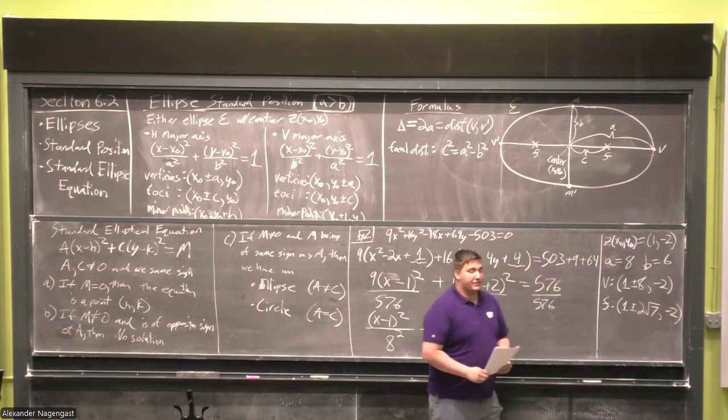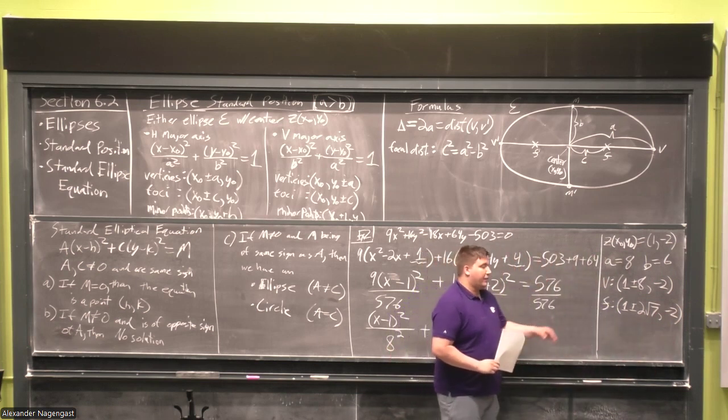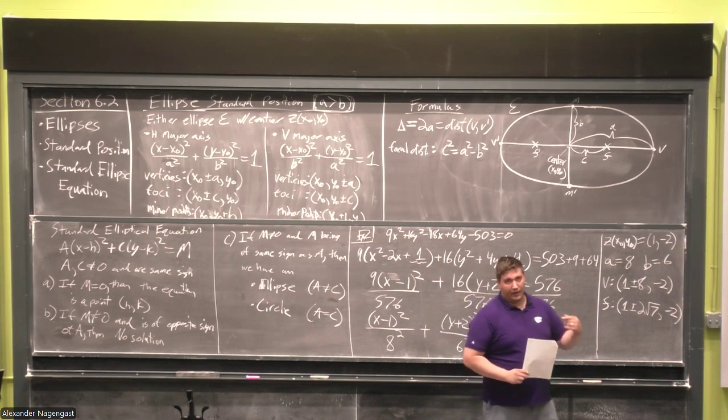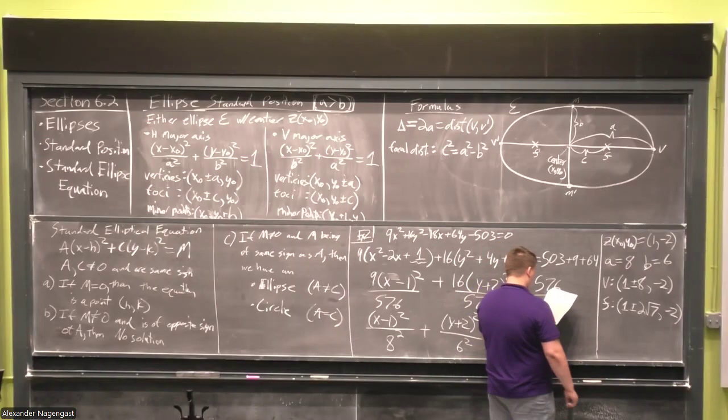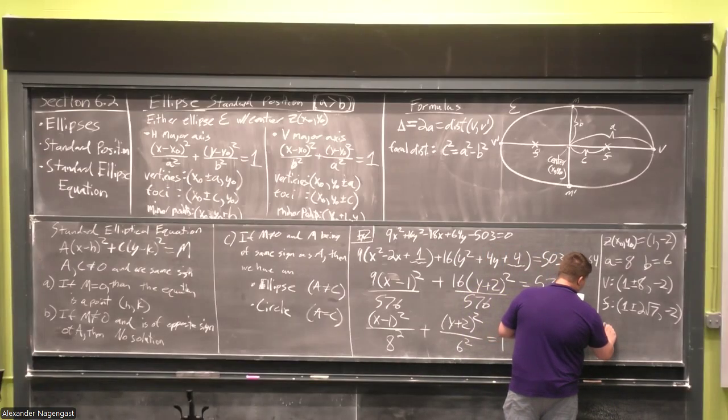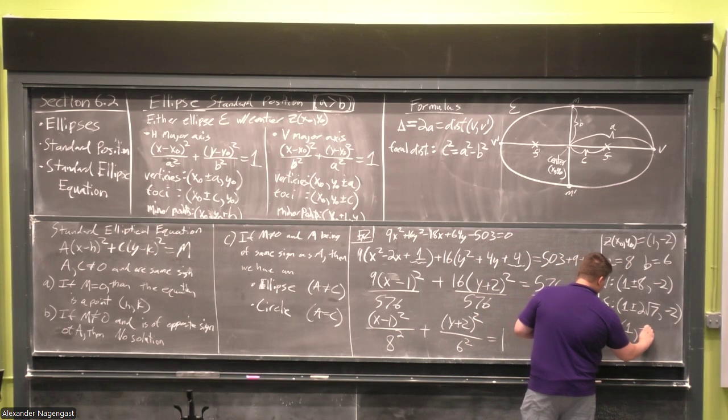And again, that is calculated because we have c squared equaling a squared minus b squared. And then our minor points, little m, is equal to 1 plus or minus 6.